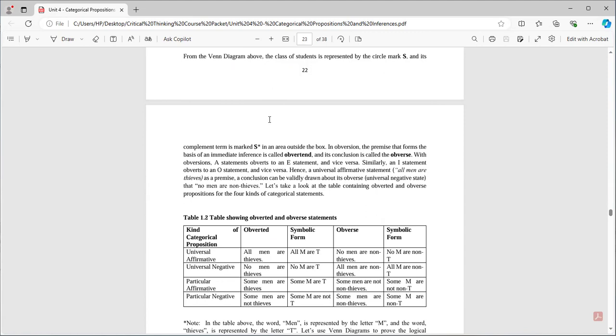It's the same thing, but you negate the predicate term, and the quality of the statement is changed to a different quality. All men are thieves. Now you change the quality. Oh, no, men will remain the same. And then we will change thieves to non-thieves. If all men are thieves, then no men are non-thieves.